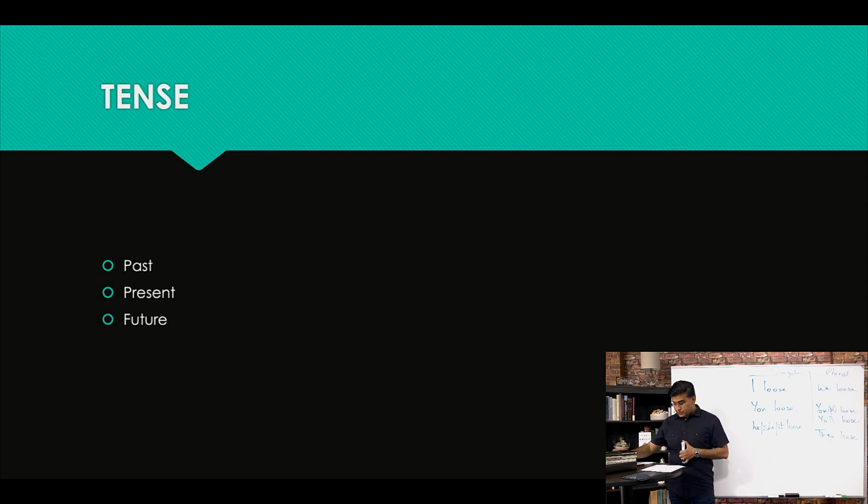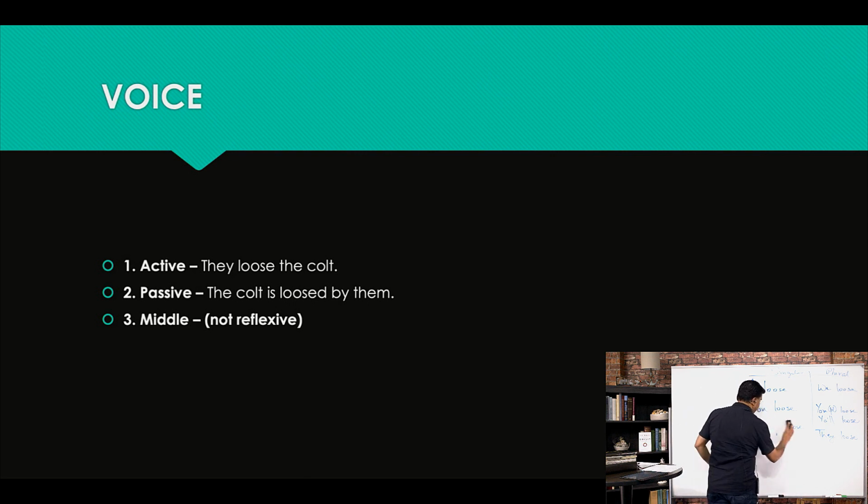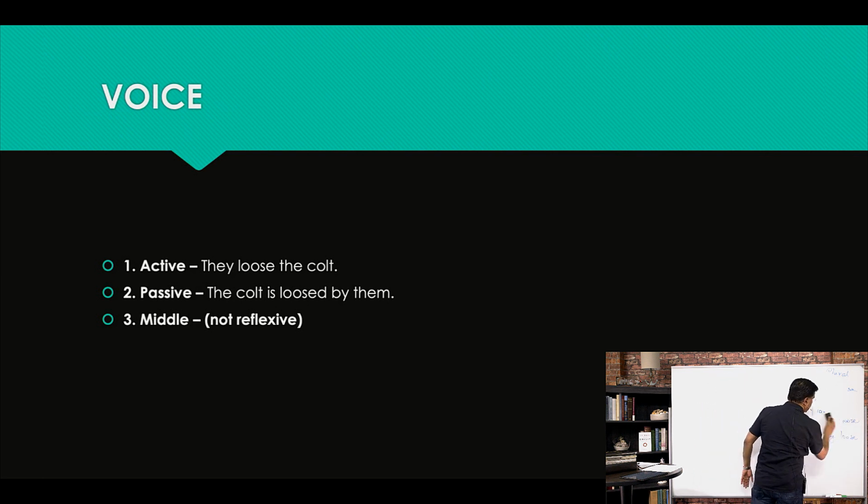There's also another change because of the voice. Okay? You probably have heard of the two, active and passive. Active voice, where the subject is doing the action.